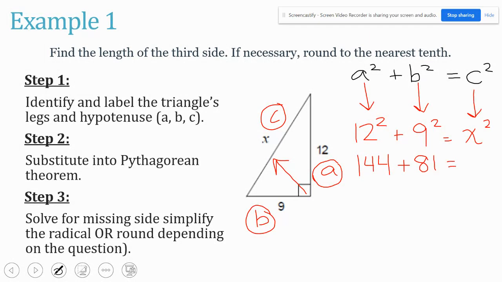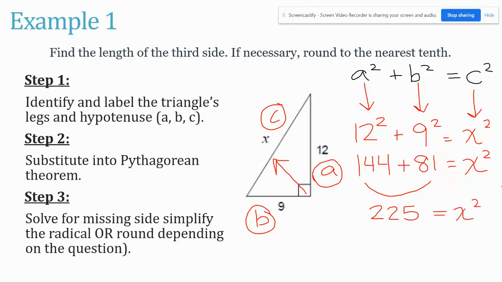And then we don't know what X is, so I'm going to leave it as X squared. Now from here, we're going to combine. 144 plus 81 gives us 225. I'm going to just bring down that equals X squared. If you want to draw your train tracks here, where you draw your lines to stay organized, that's fine.